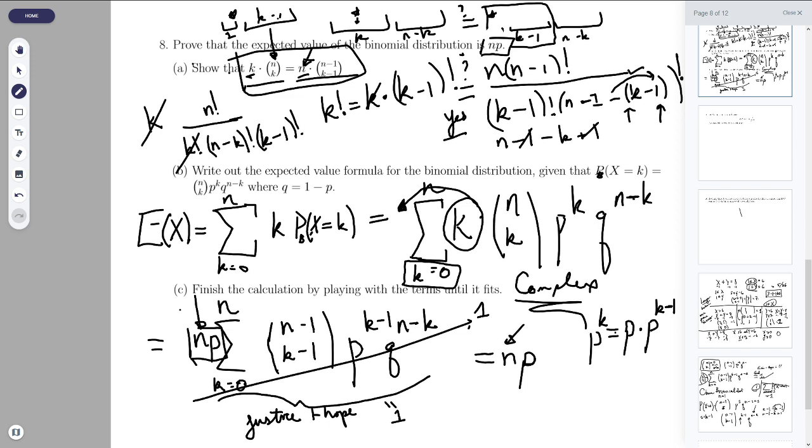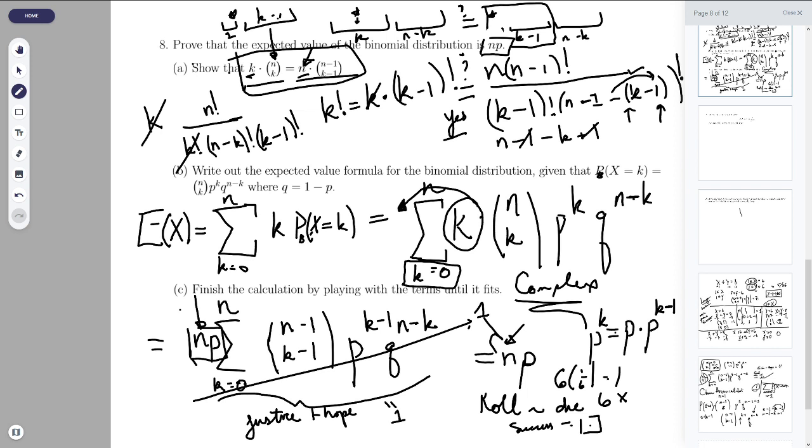So yeah, that's really it. So if I roll a die 6 times, and a success is getting a single 1, then if I ask you what's the expected value of this thing, well, it would be the number of trials, right? 6 times the probability of getting 1, which is 1 over 6, which is 1.